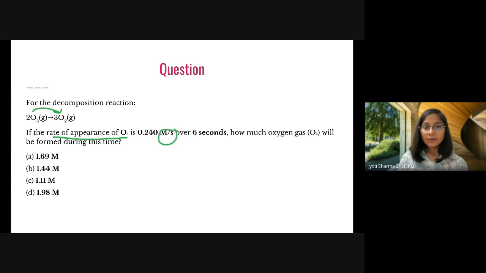Rate of appearance of oxygen is 0.240, so this is our rate of the reaction. This is our time. How much oxygen gas will be formed during this time? How can you tell me this one? Let's see how we can calculate this.